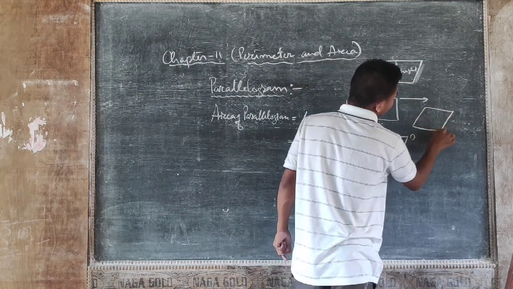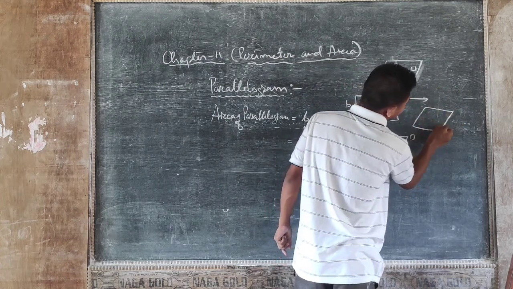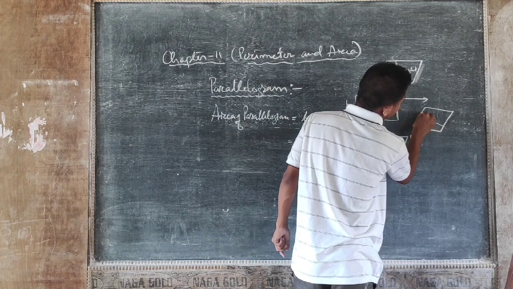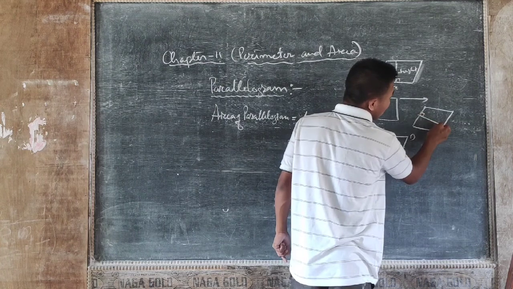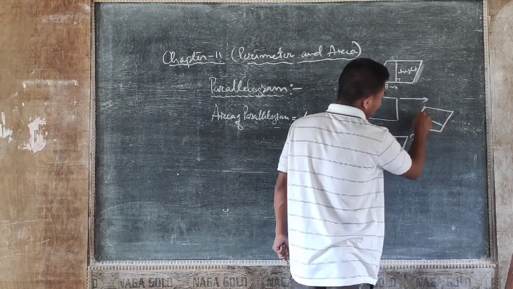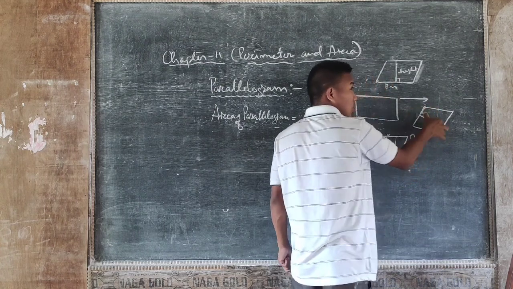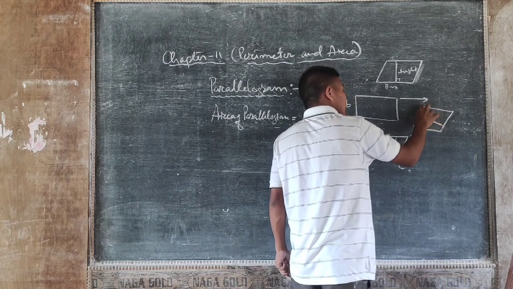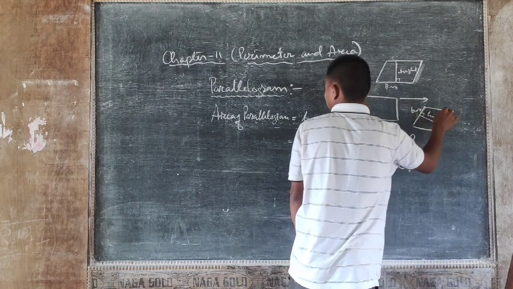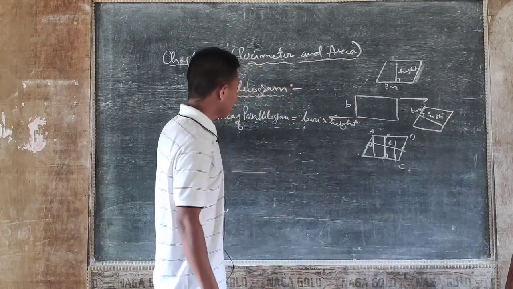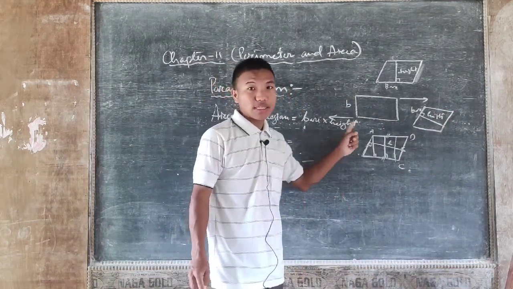Suppose if you draw a straight line like this and it makes 90 degree with this side, then this will be your height, and the side on which the height stands will be called the base. So this is the base and this is the height. So remember, area of parallelogram will be base into height.